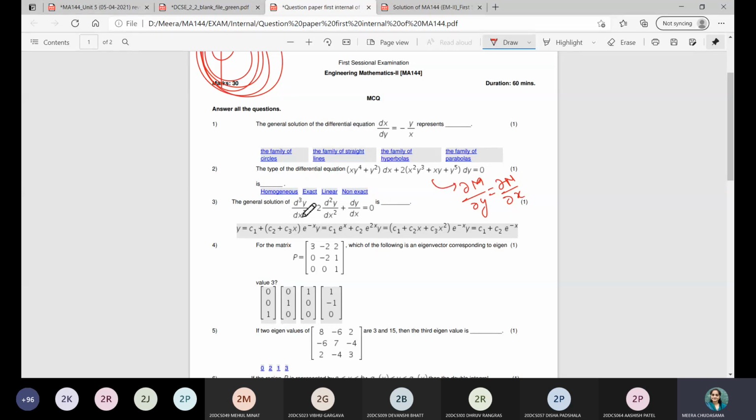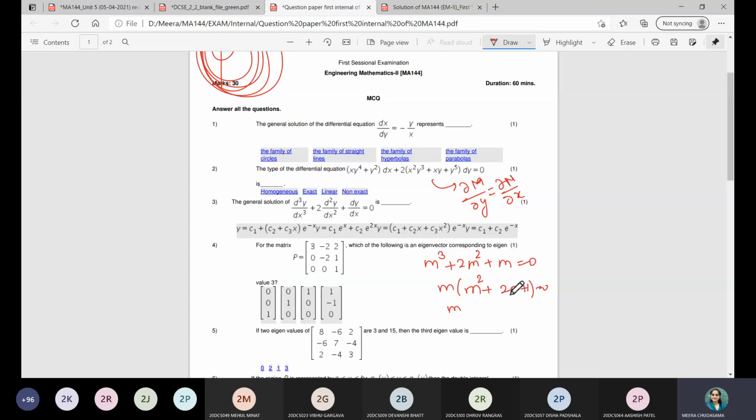The general solution of this cubic differential equation will be what? Actually if you look at its auxiliary equation, it is m cube plus 2m square plus m is equal to 0. So this is m into m square plus 2m plus 1 is equal to 0.